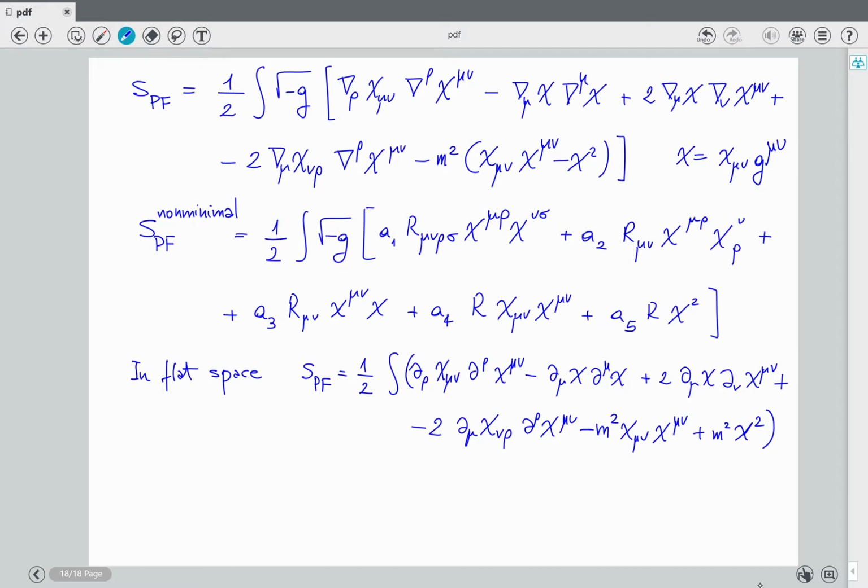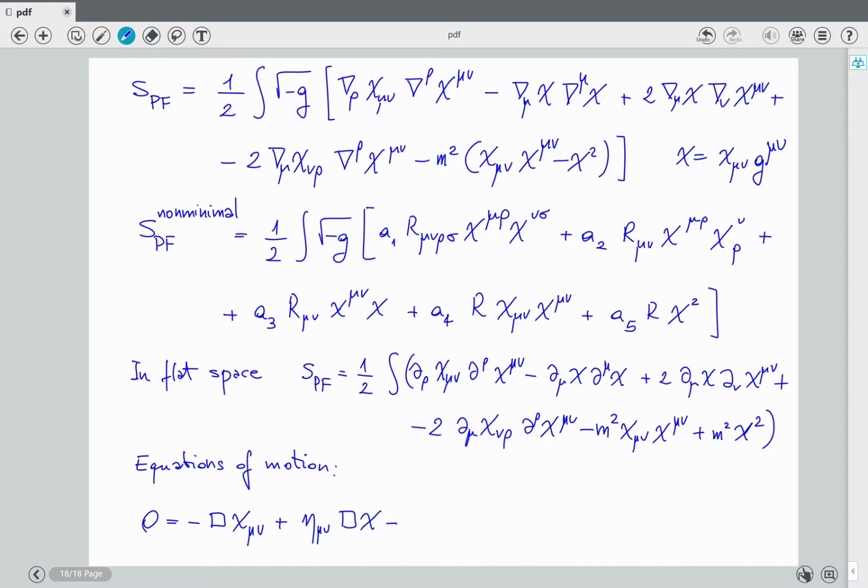And so the equations of motion are 0 equals. So from here you have minus box chi nu. From there you have the trace. So that gives you, when you take the variation, eta mu box chi.